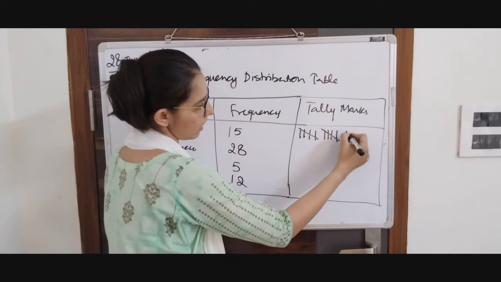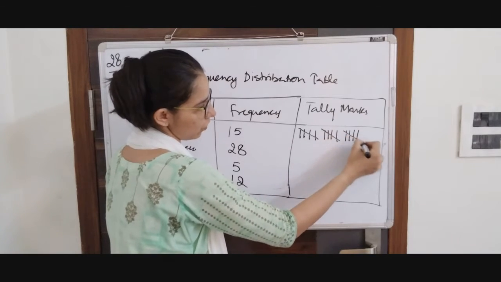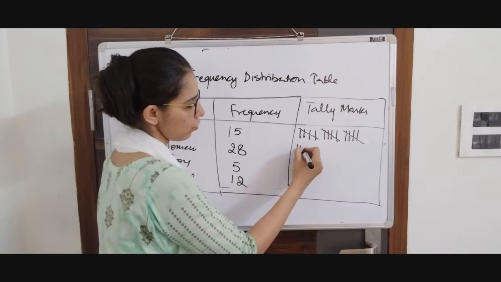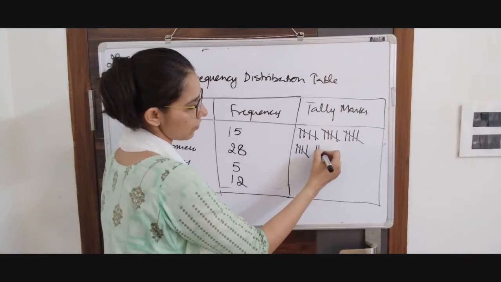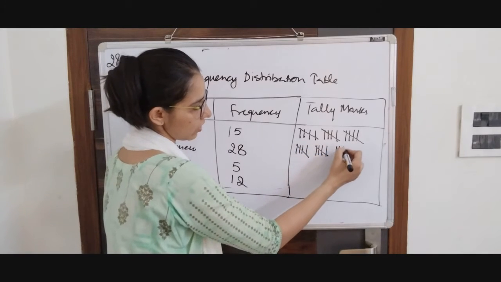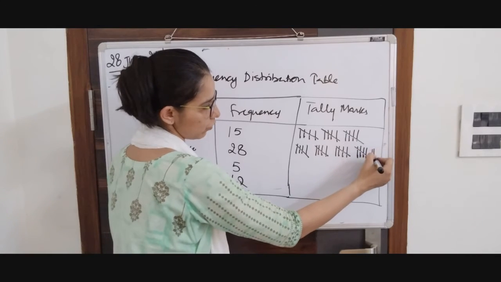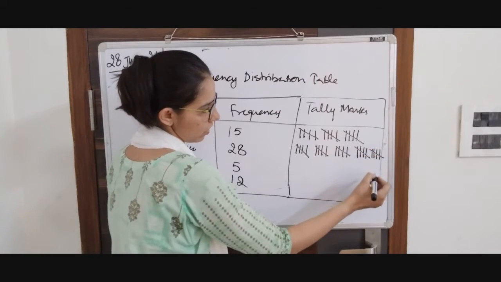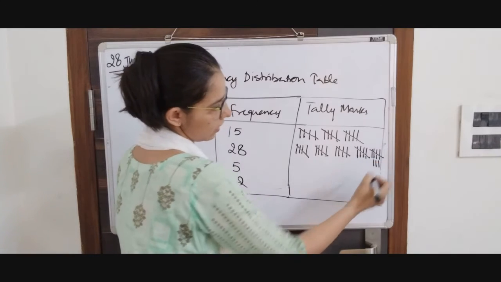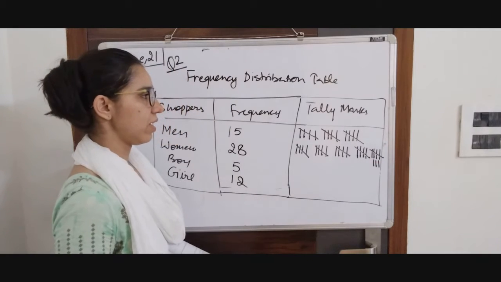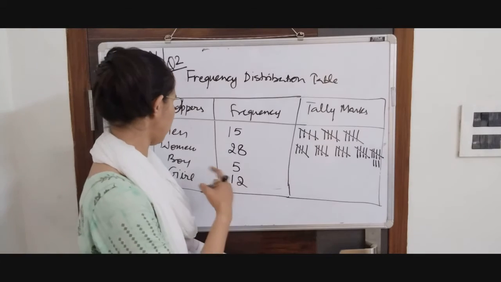We have to write 5, represent 5. So this is 15. 28: 1, 2, 3, 4, 5, 6, 7, 8, 9, 10, 11, 12, 13, 14, 15, 16, 17, 18, 19, 20, 21, 22, 23, 24, 25 and 26, 27, 28. So this is the tally mark representation for women.